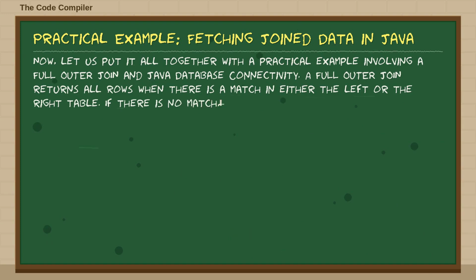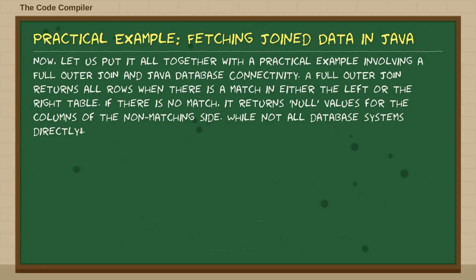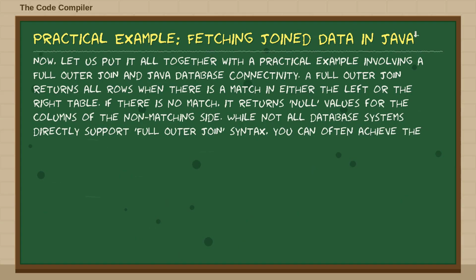If there is no match, it returns null values for the columns of the non-matching side. While not all database systems directly support full outer join syntax, you can often achieve the same result by combining a left join and a right join using a union operator.